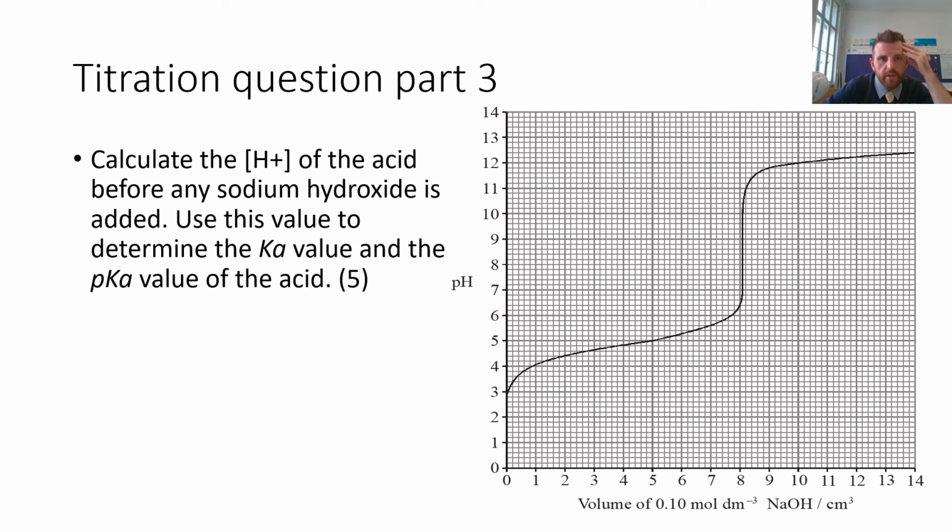Calculate the H plus of the acid before any sodium hydroxide is added. Use this value to determine the Ka value and the pKa value of the acid. Alright, so the H plus before anything is added is really just looking for the pH right here. So it looks like it's a bit below 3, so we're going to say initial pH is equal to 2.9.